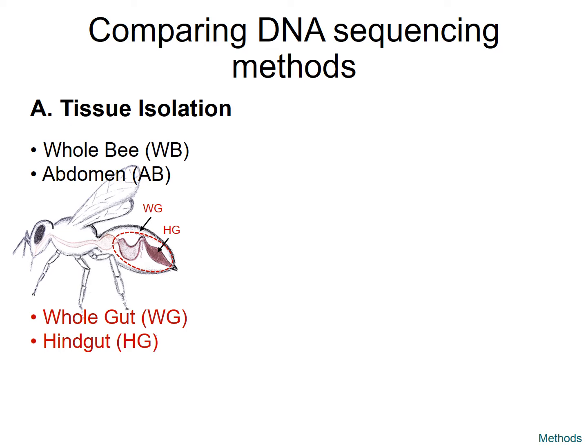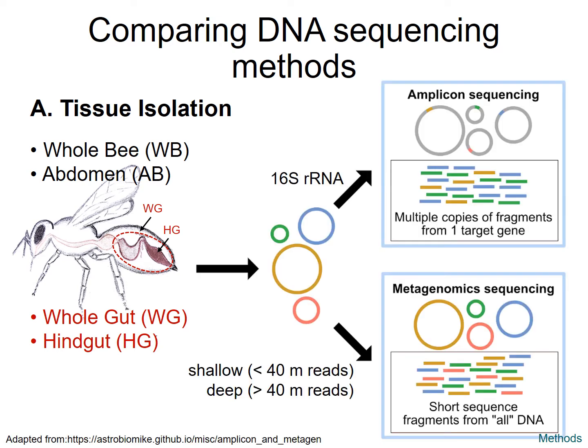To compare how sequencing methods affect the identification of the microbiome, each sample was analyzed using 2 sequencing methods. One approach was 16S rRNA amplicon sequencing, as seen in this figure on the upper right. This method specifically targets a region in the 16S ribosomal RNA gene.